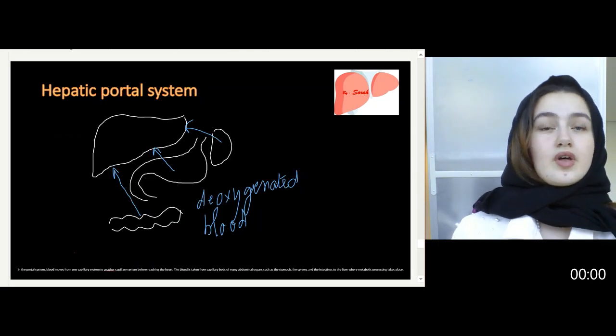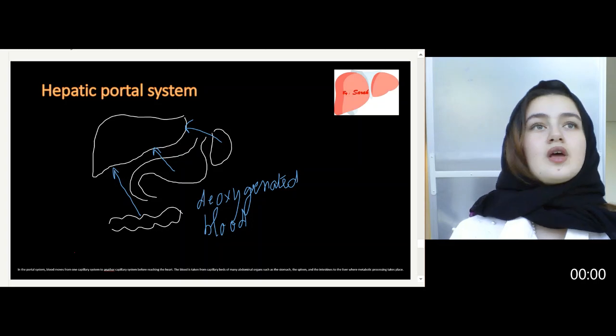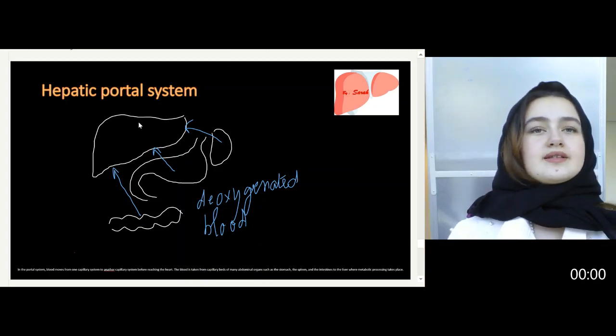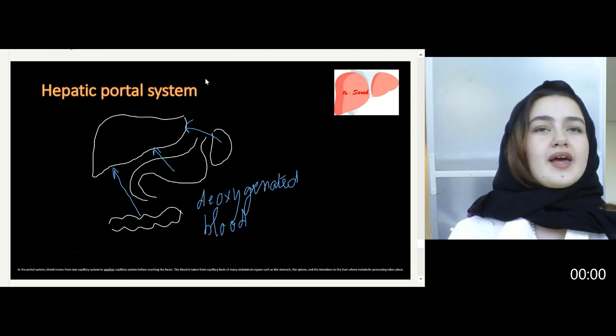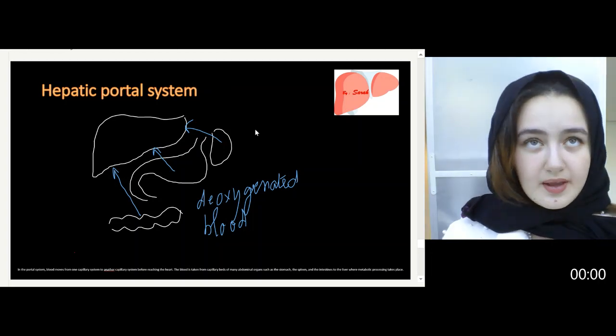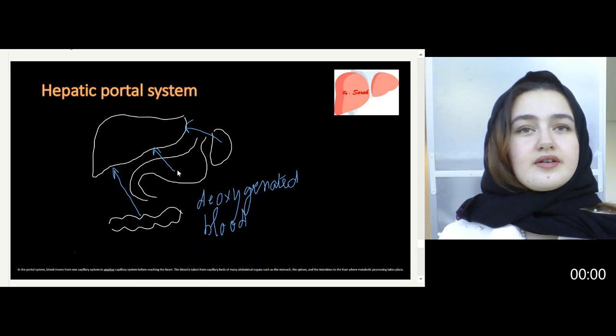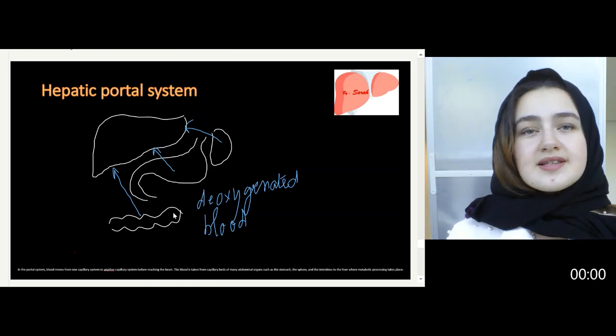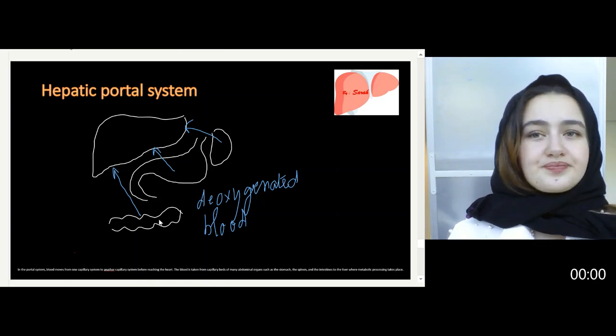So next we have the hepatic portal system. In the hepatic portal system, we have the arteries that come to supply the gastrointestinal organs like the stomach, the spleen, and the intestines, and then the blood moves from the capillaries to the veins.